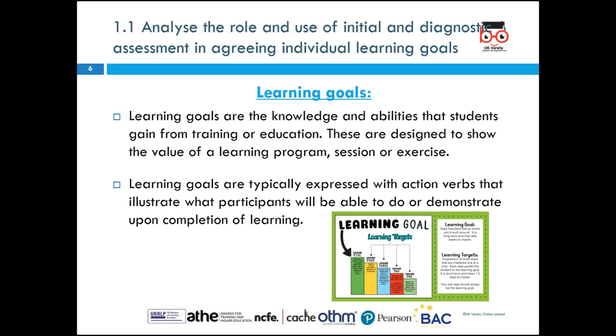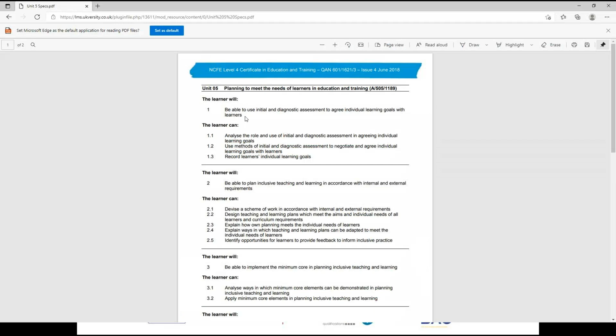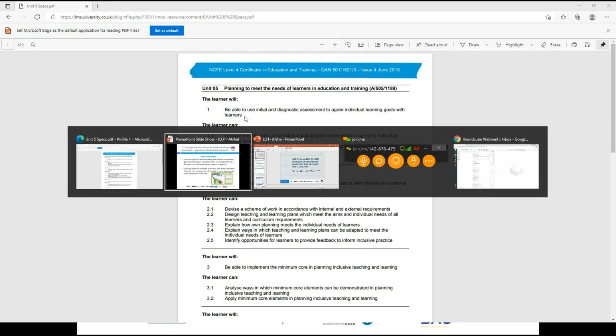And they're typically expressed with action verbs that illustrate what participants will be able to do or demonstrate upon completion of learning. So your learning goal, your learning objective, is the same as what we've got here. If I go back onto what this is here, our learning goal is to be able to use initial and diagnostic assessment. So for us, that is our learning goal.